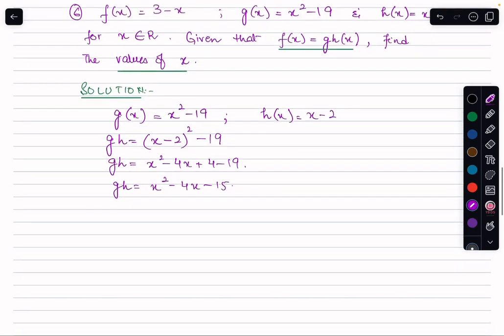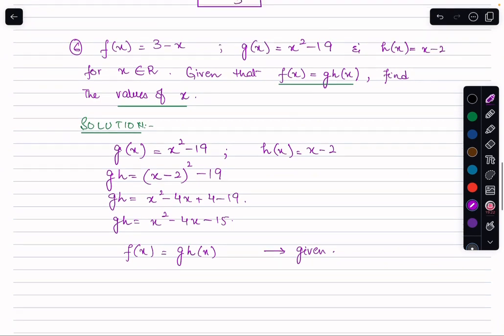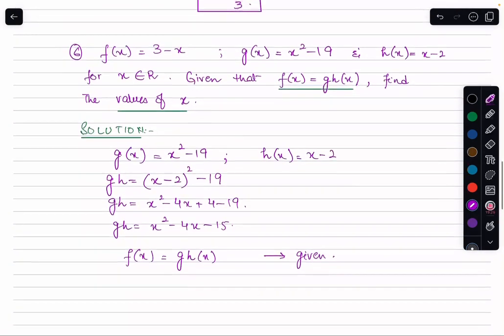Now the given condition is f of x is equal to gh of x. Through this condition I will be finding out the values of x, or solving the equation. So f of x is 3 minus x.